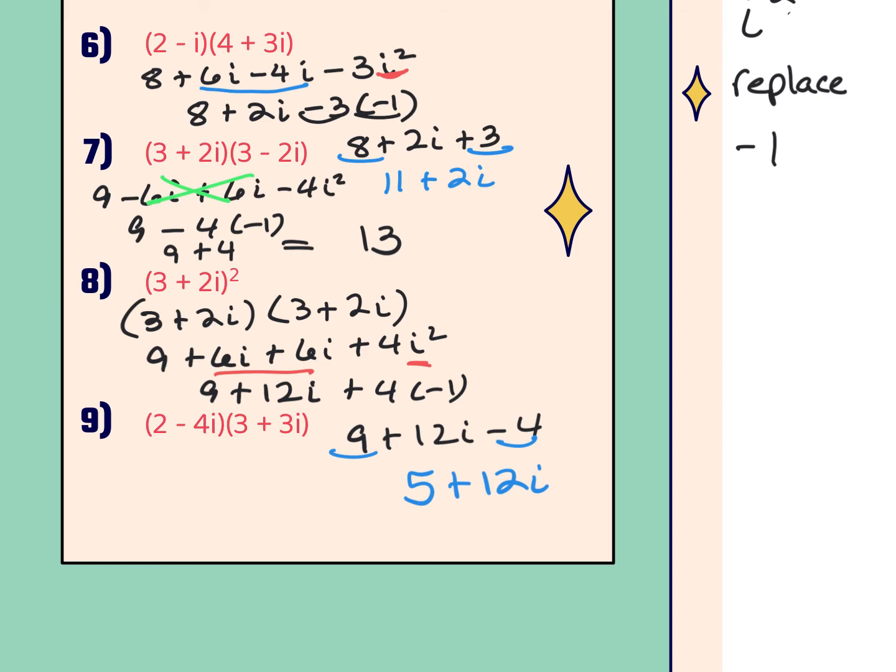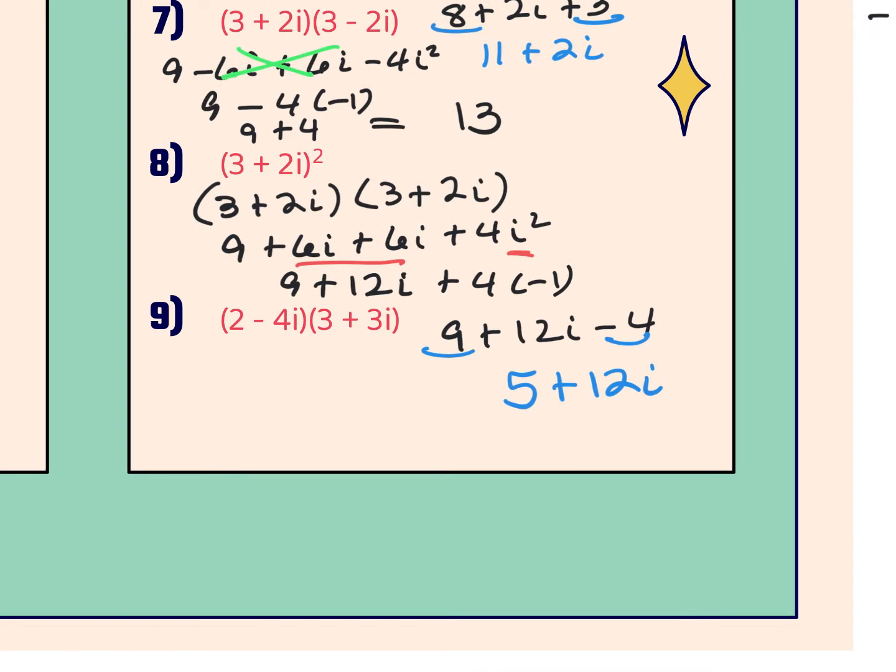Going to do the same thing on number 9. I'm going to FOIL it. First gives me 6. Outside gives me plus 6i. Inside gives me negative 12i, and last gives me negative 12i squared. Again, I can add my middles and replace i squared with negative 1.